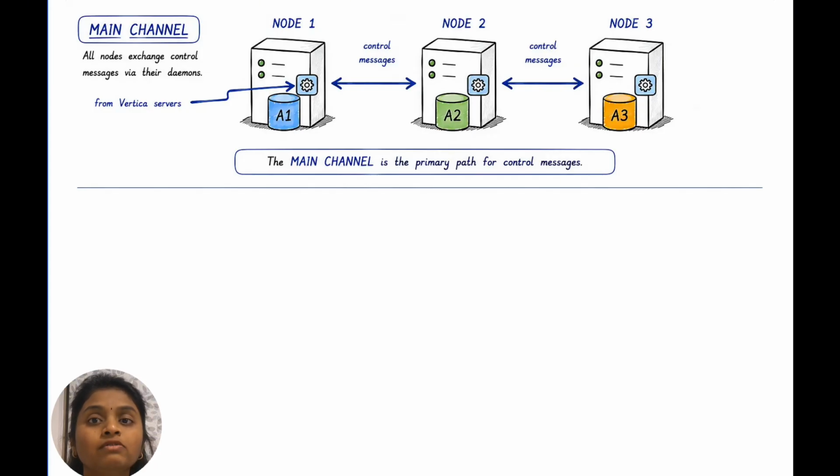If spread has a highway for control messages, the main channel is the one. Second is the token channel, and it's basically a logical ring, a single token circulating around it node to node, from node 1 to node 2, node 2 to node 3, and back to node 1. So round and round, only one token always moving.